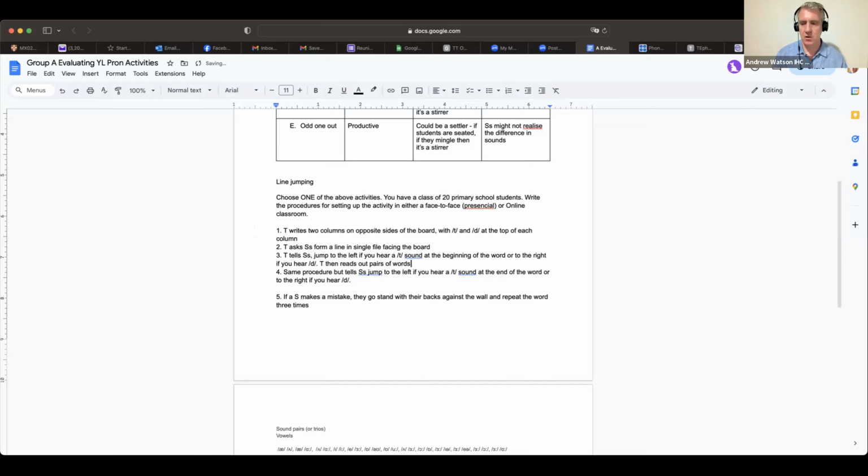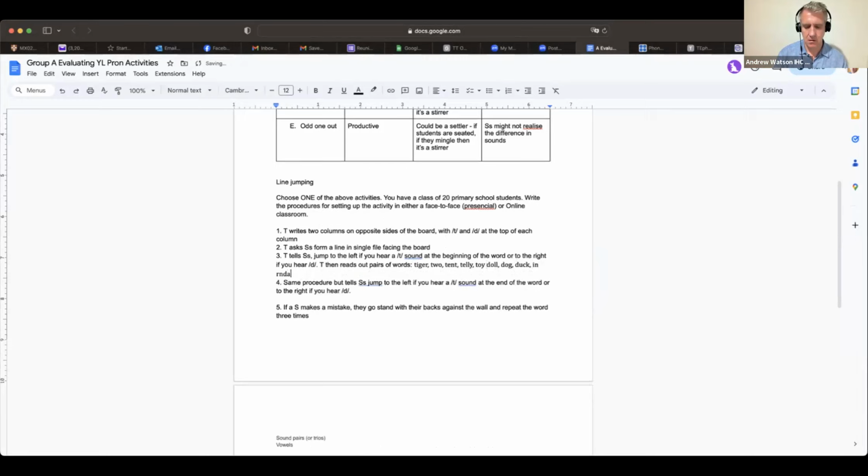The examples given were, like, tiger, too, but obviously in random order. It doesn't have to be pairs of words, right? It can just be words in random order, and they just have to jump.